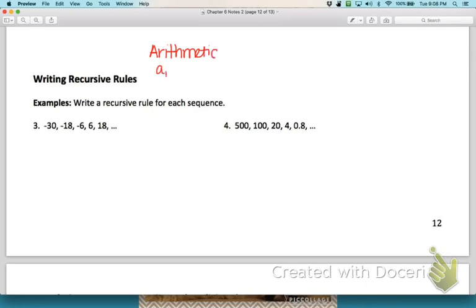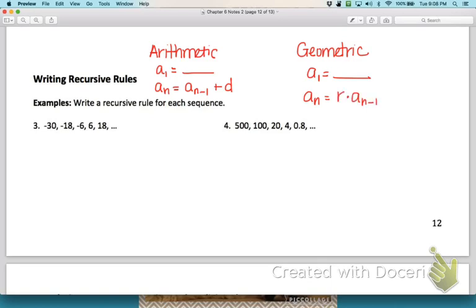This is what I told you a second ago. We have to say what A1 is equal to, and then A sub n is going to be A sub n minus 1 plus d. If it's geometric, we have to tell what A1 is, and then the rule for A sub n is going to be r times A sub n minus 1.